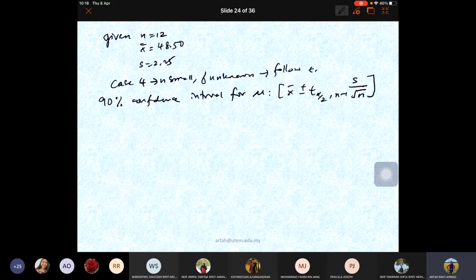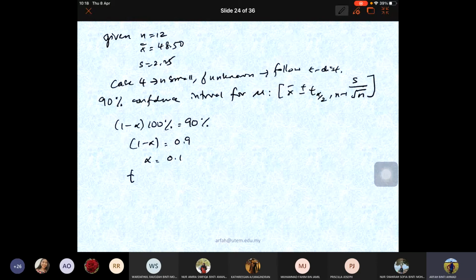Follow t distribution. So 1 minus alpha times 100% equal to 90%. 1 minus alpha equal to 0.9, so your alpha equal to 0.1. t alpha over 2, n minus 1 equal to t 0.1 per 2, n is 12 tolak 1. t 0.05, 11.